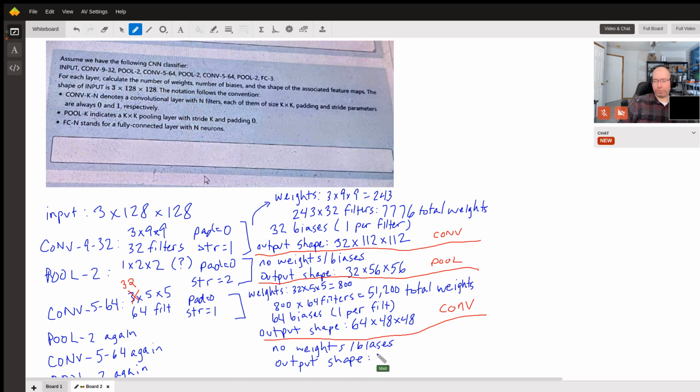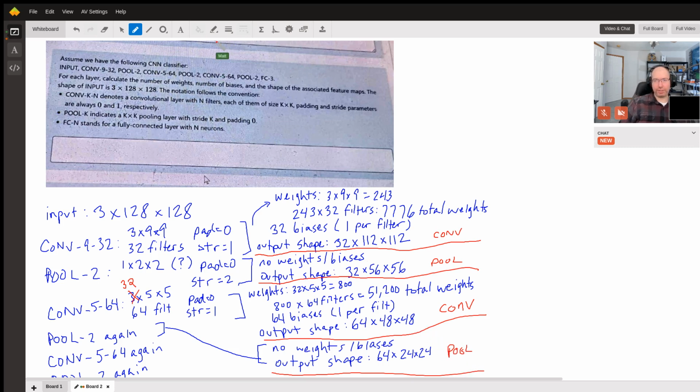So that would go from 64 by 48 by 48 to 64 by 24 by 24. This is getting kind of hard to keep these straight, so do that. All right, and then that's all of our pooling layer.